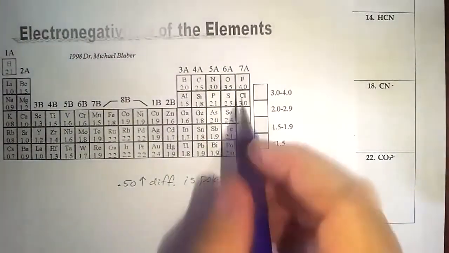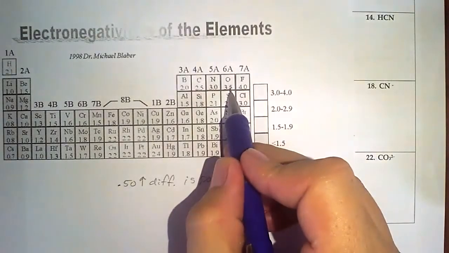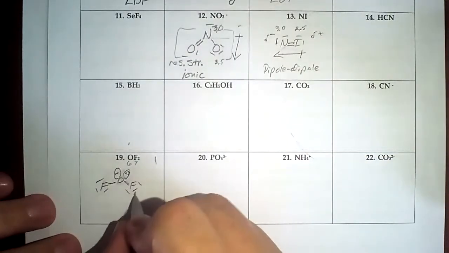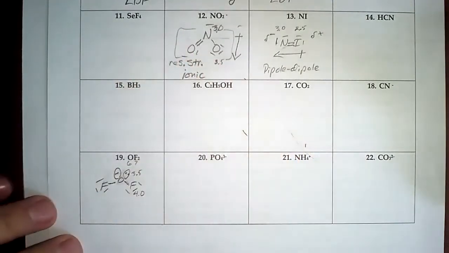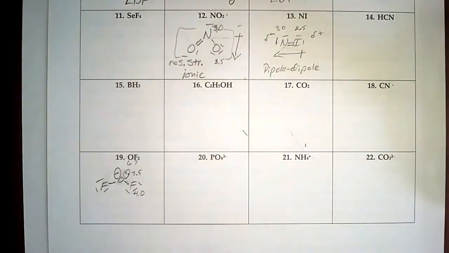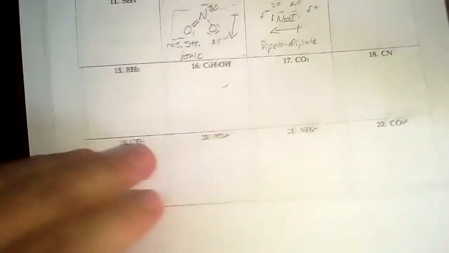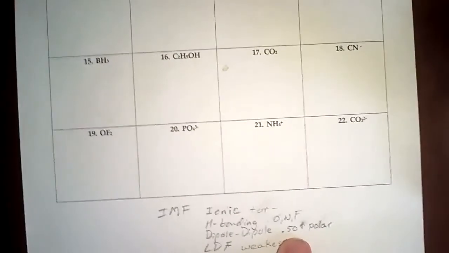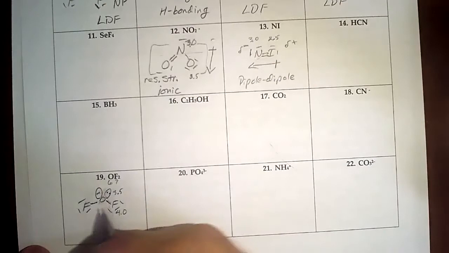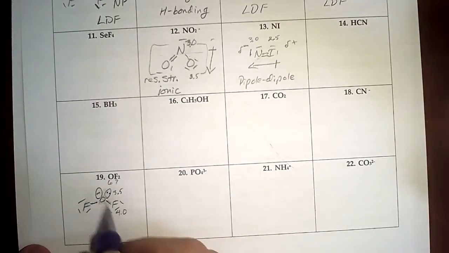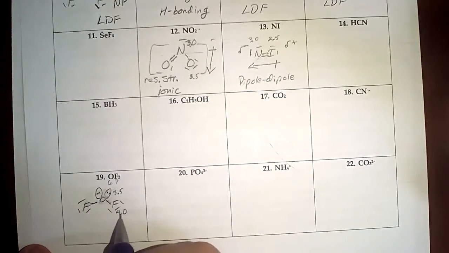So will it matter about the values on this chart? Yes. What are the values? 4 and 3.5. And maybe you want to write those in. Doesn't super matter, but maybe it helps. So is the difference 3.5 or greater? Yes. Can I find a plus side and a minus side? I can, because the electrons will flow toward the greater number, and so more or less they will be going down.